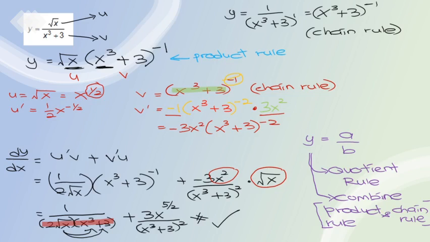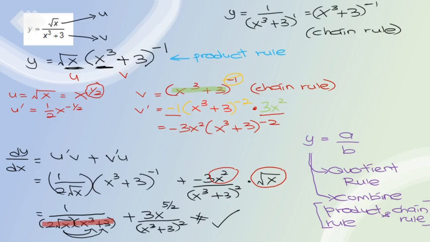And then dy dx equals to, this is product, so u prime v plus v prime u. Okay. U prime v plus v prime u. Okay, u prime is setengah. Okay, kalau nak cantikkan ini, x kuasa setengah.